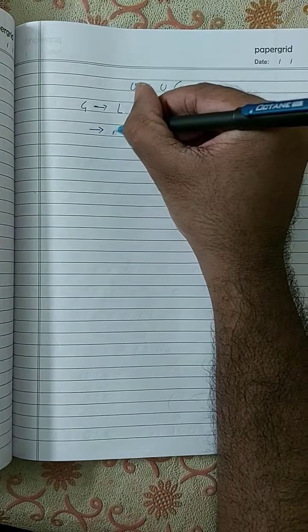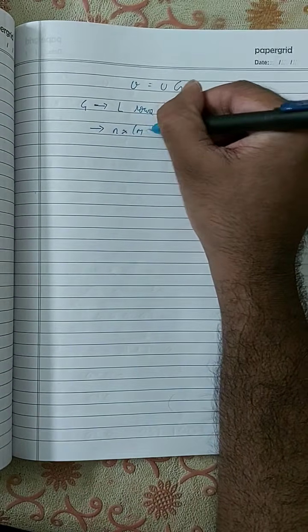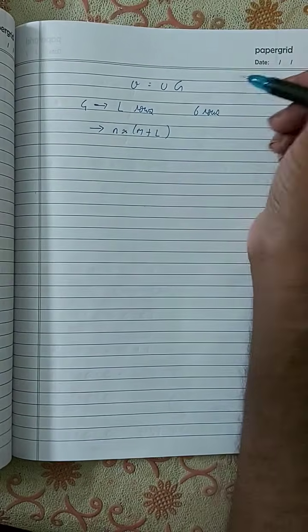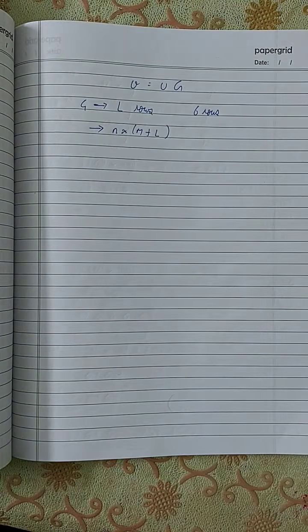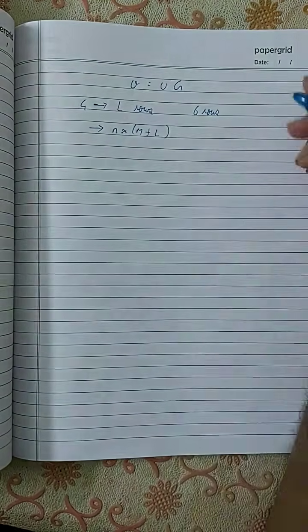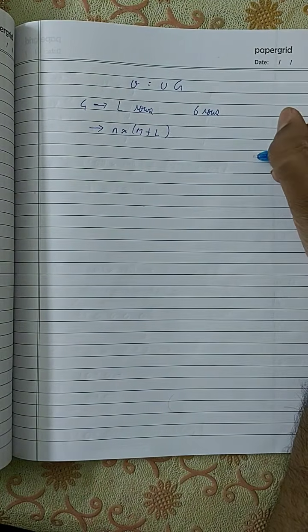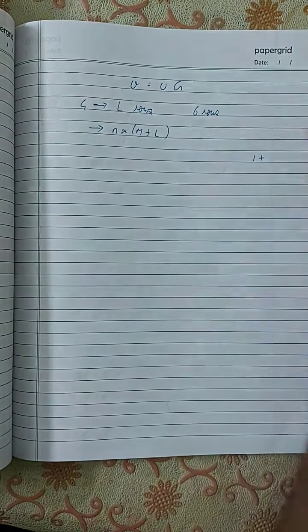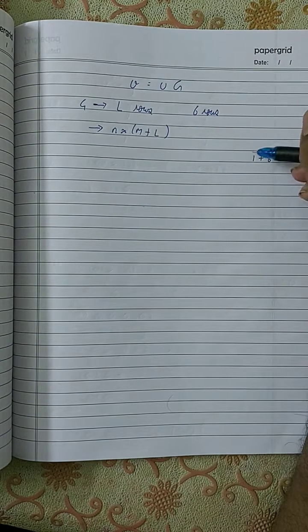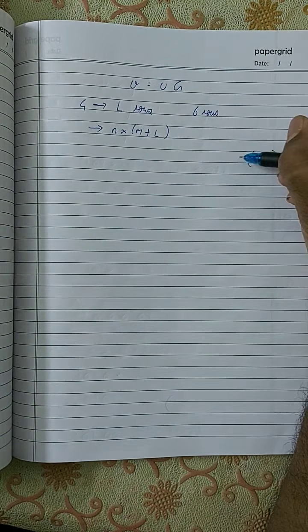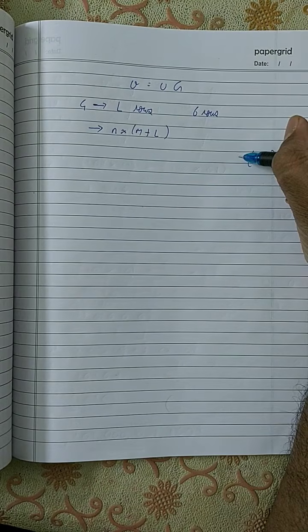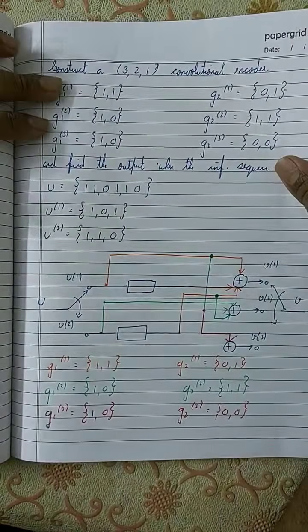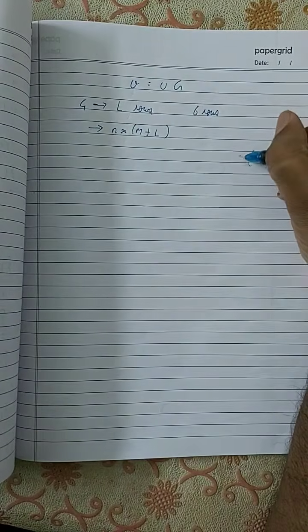The number of columns will be n into m plus l, where m represents the number of shift registers, which is 1, plus the value of L equal to 6, and here n is equal to 3.